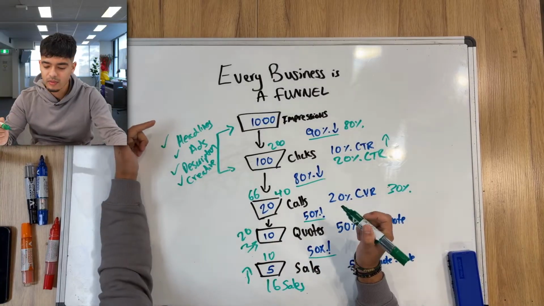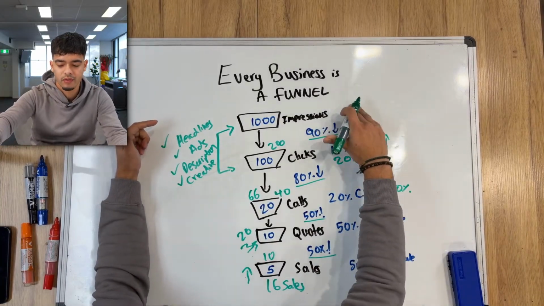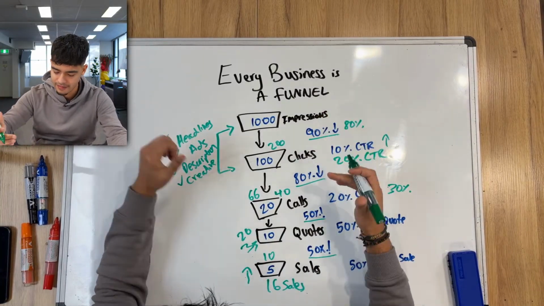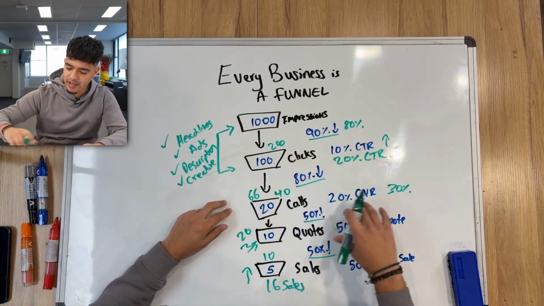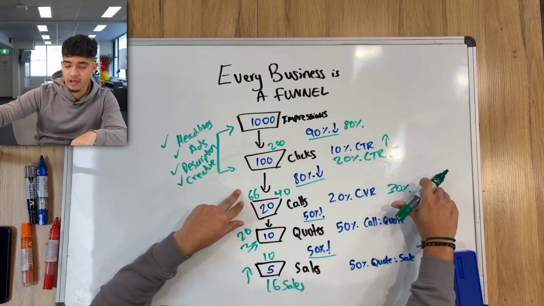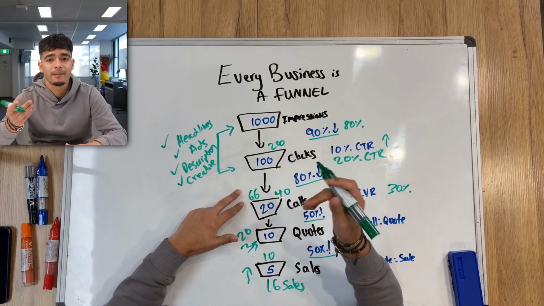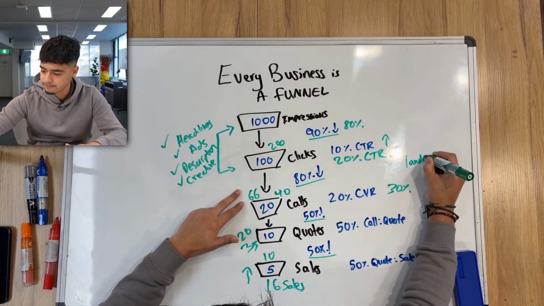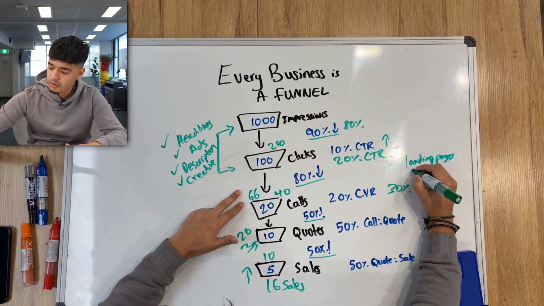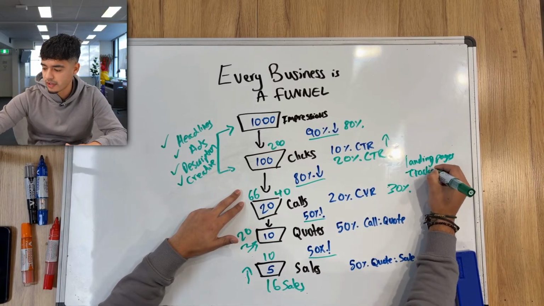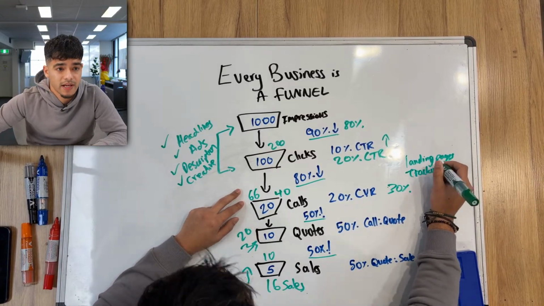So the first thing we changed was we improved your click-through rate by improving the headlines and the ads. Then we didn't change anything else except we improved the conversion rate. Improving the conversion rate happened through your landing pages, through your tracking as well, potentially, if your tracking is incorrect and not the most accurate.